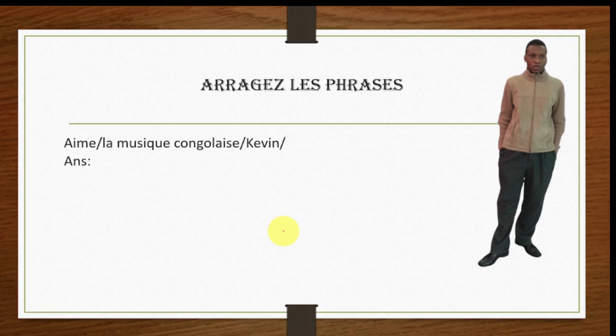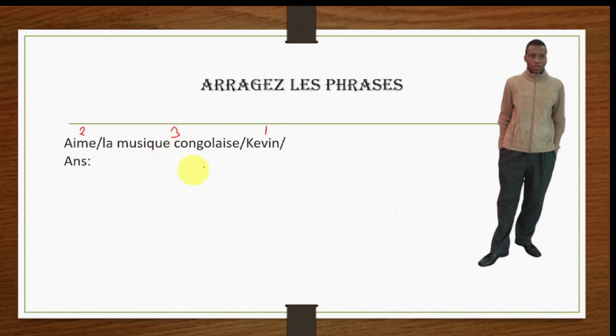Like I said before, les éléments d'une phrase simple sont le sujet, le verbe, le complément. So here we're looking for the subject. The subject is Kevin. Now we're looking for the verb. Aimer is the verb, the second one. La musique congolaise is the third one.